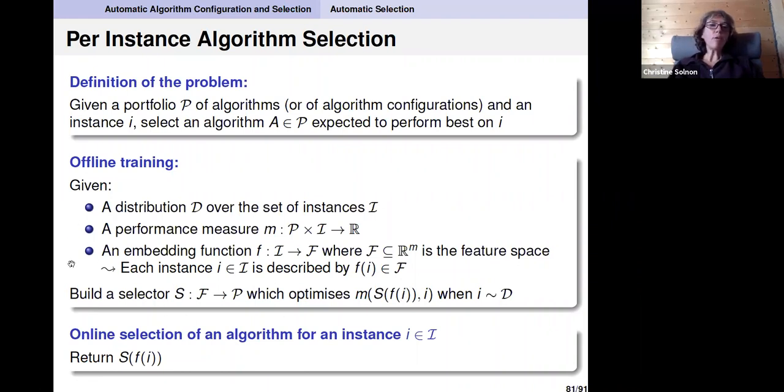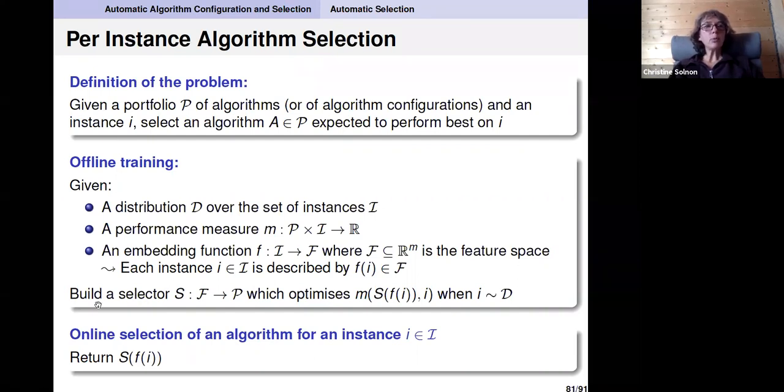So this is done offline. I learn a selector, and then when I have to use it to solve a new instance, I simply return the algorithm selected by the selector, given the features extracted from this instance.